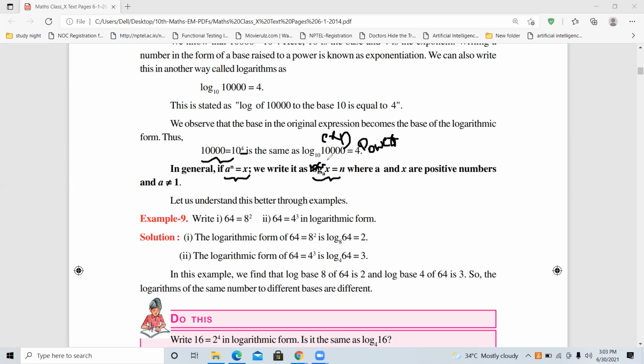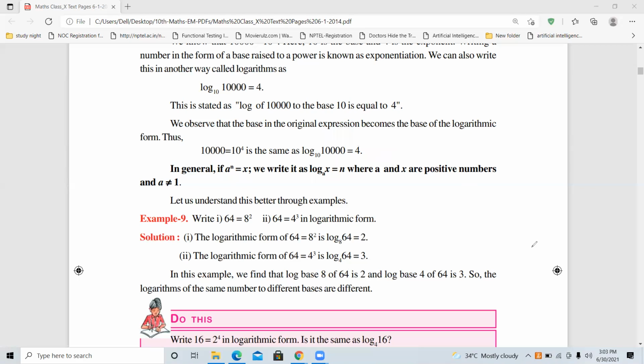So in this way, we have to express the logarithmic forms. If they have given 10,000 equal to 10 power 4, the logarithmic form will be log of the value; in the base, we have to write the base of that number, and after the equal sign, we have to write that particular power value.